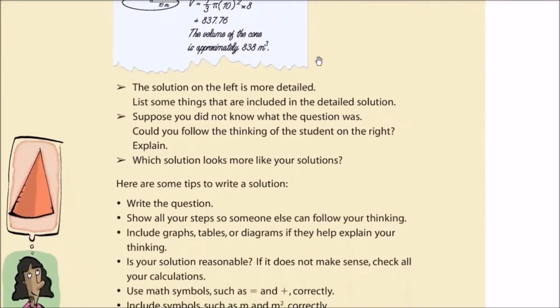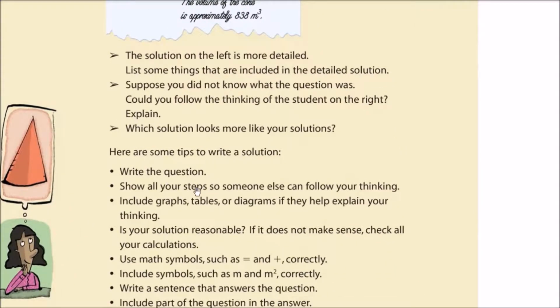So in order to write a solution, you need to show all the steps, and this should include graphs, tables and diagrams. This is where graphs come into the picture. Also include all the symbols and variables that you use, and if you are able to write a sentence, it will be very good. And also include part of the question in the answer.